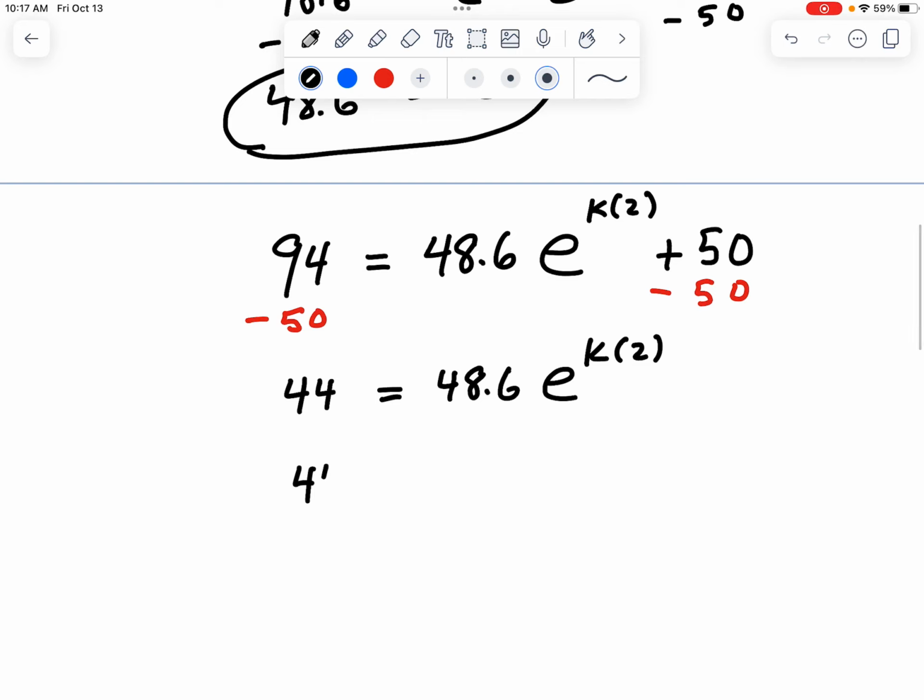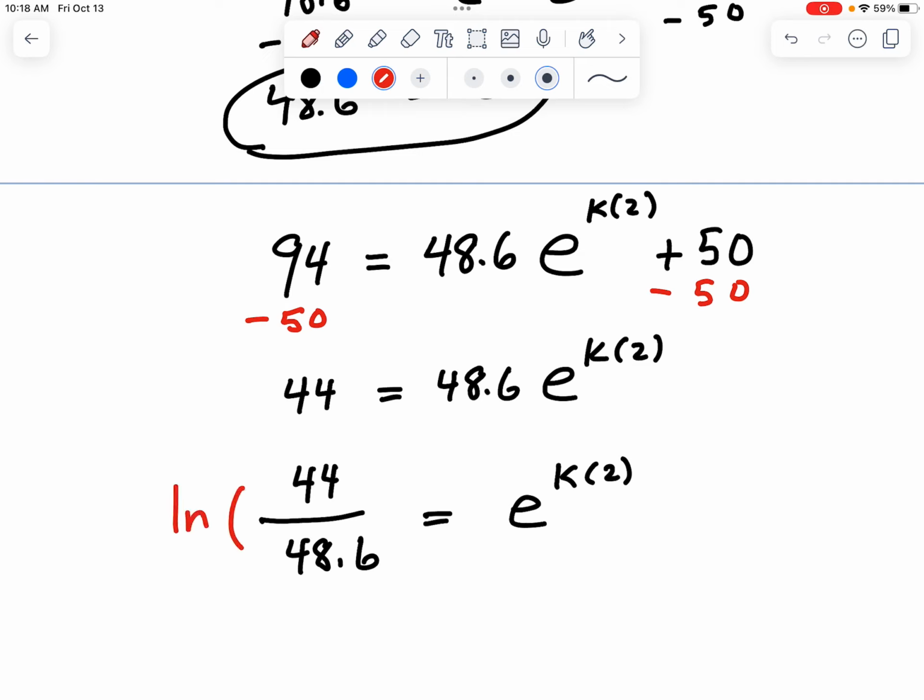And then just divide both sides by 48.6. And then it's time to use natural log. So I've got 44 divided by 48.6, and then take natural log of both sides so that these two can cancel.